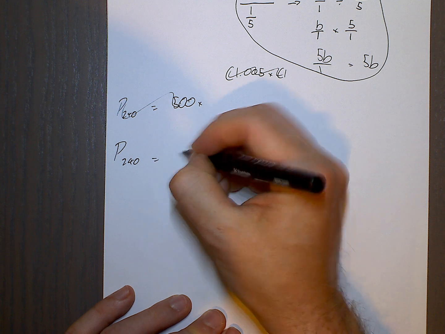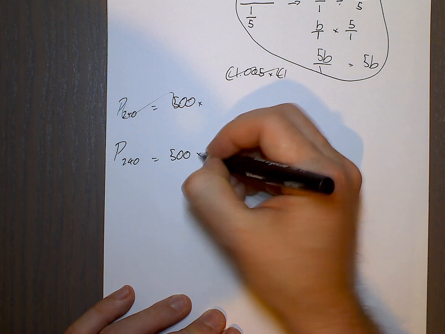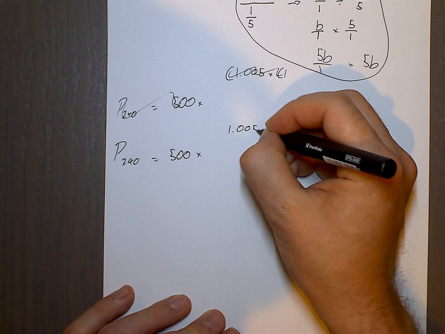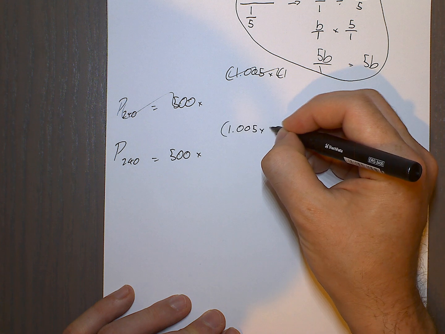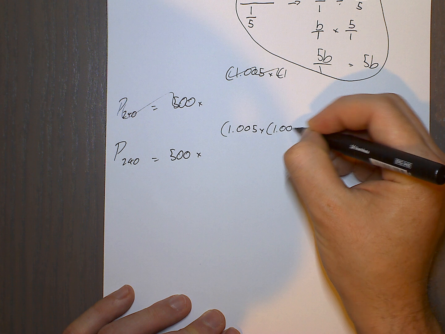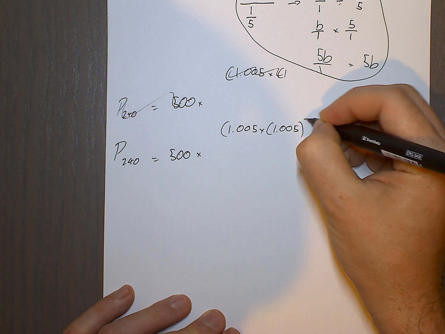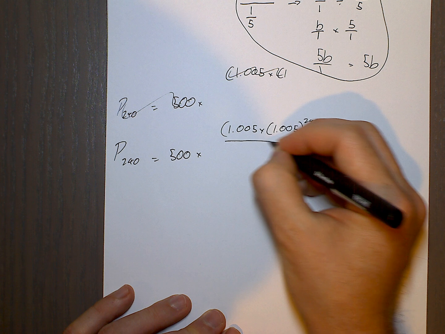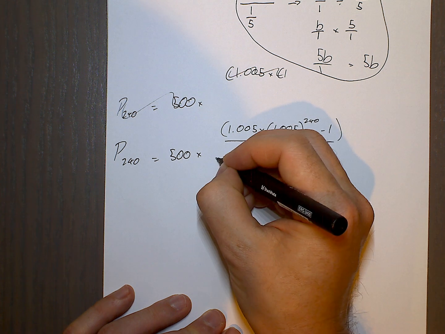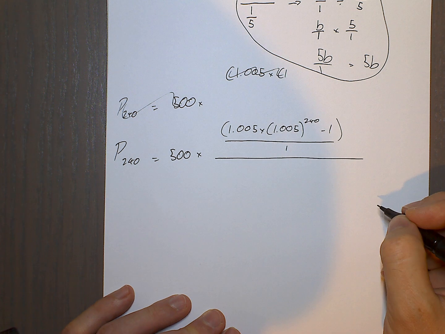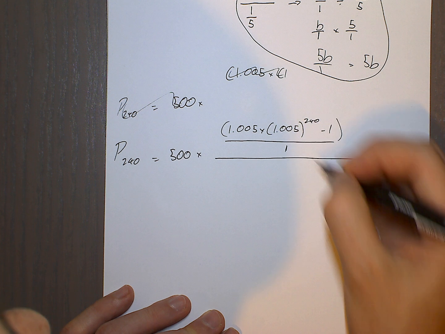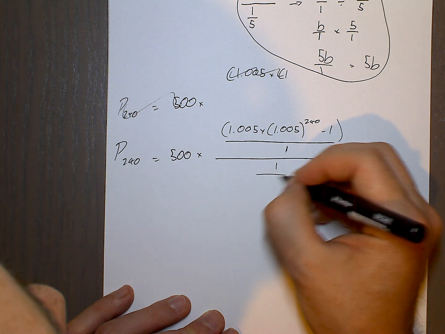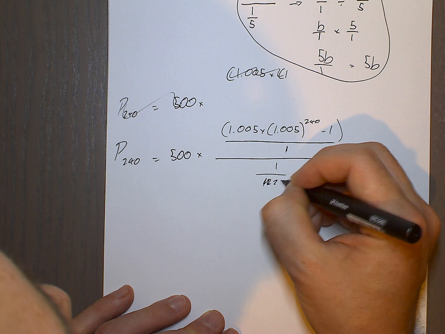P240 equals 500 times 1.005 to the power of 240 minus 1, close bracket, all over 1. All over again. Another fraction, and this looks ugly. Over 1 over 200.